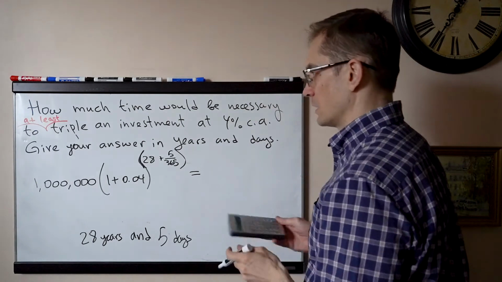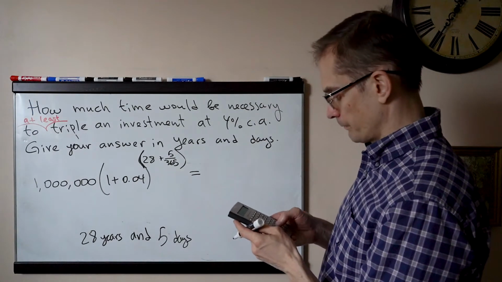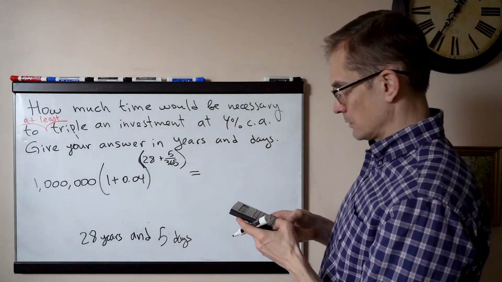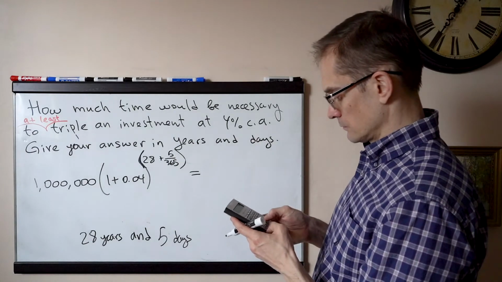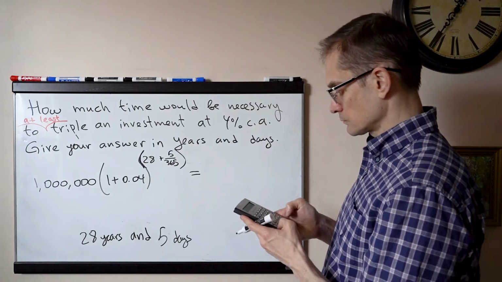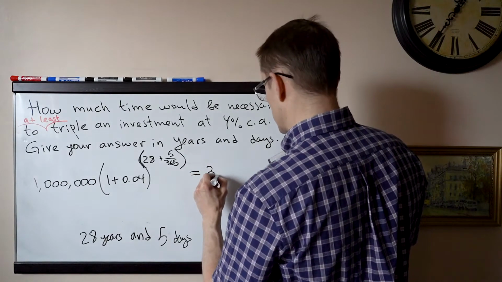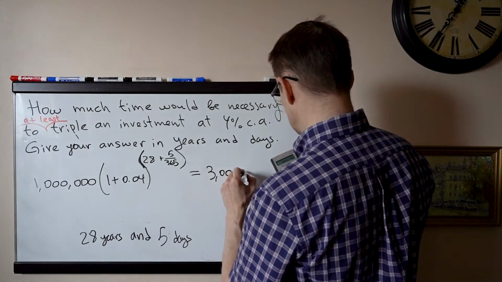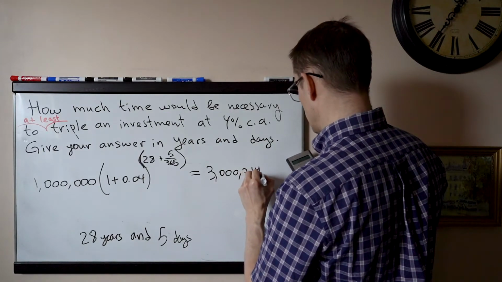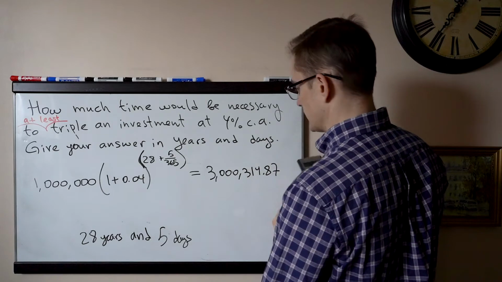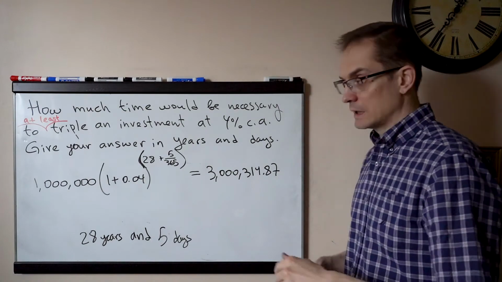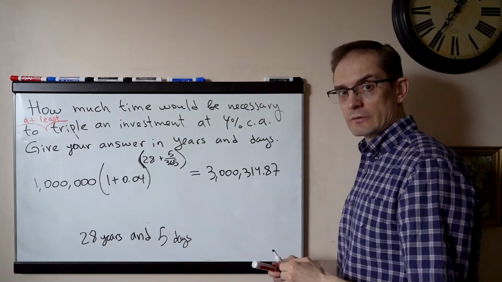Let's see what would happen here. So it's 3 million 314.87.